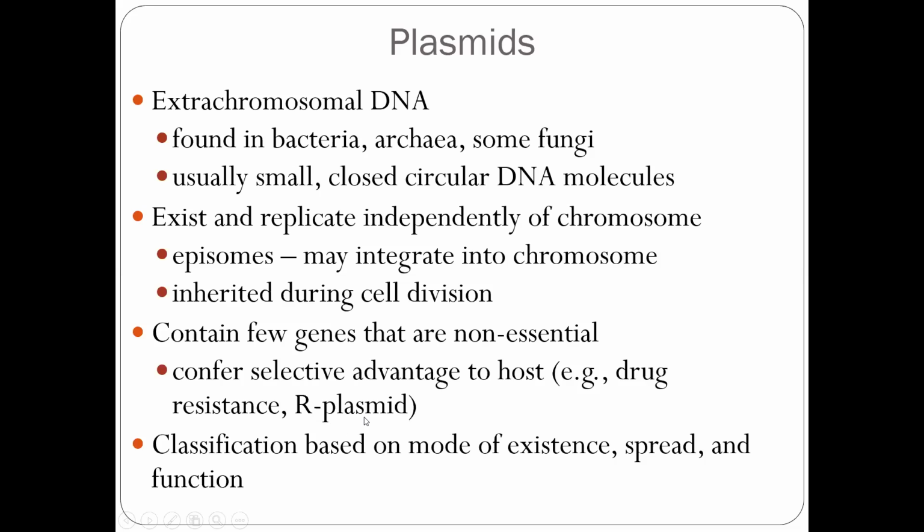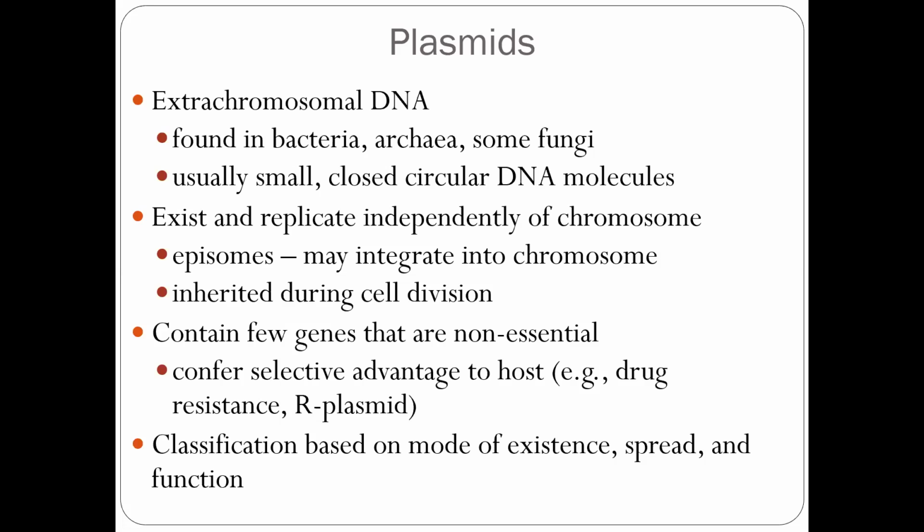Then once it goes into the environment, some bacteria can take it into the body. We call it conjugation, transduction, or transformation. Then the other bacteria, once they have those plasmids, will also become drug resistant or even multi-drug resistant.